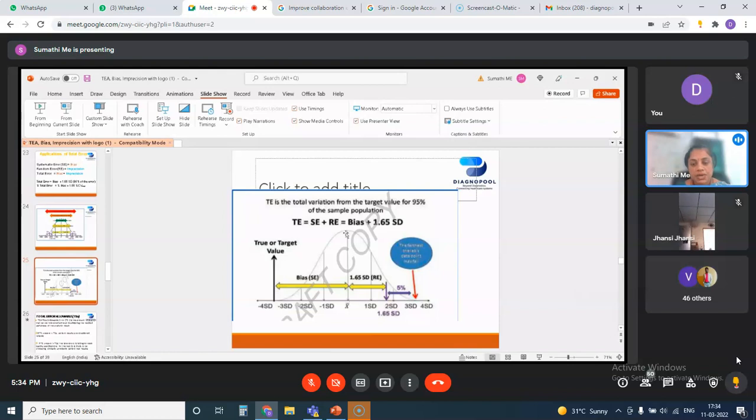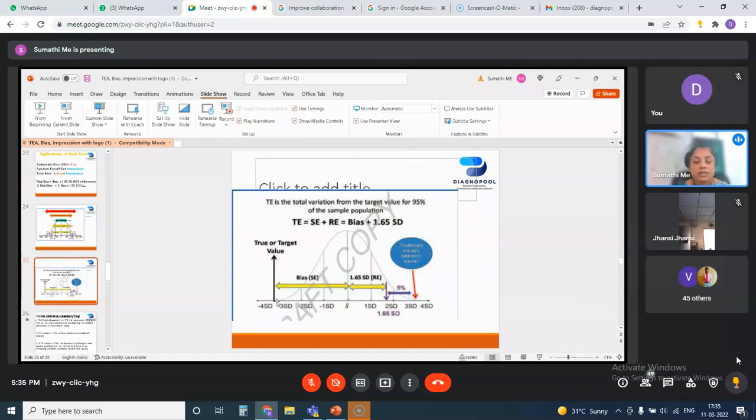This is your lab mean, which has moved away from your target value, that is your target mean. This is the part which covers the bias. So we have included in the total error calculation up to 1.65 dispersion, only up to this limit. The rest 5% is excluded.